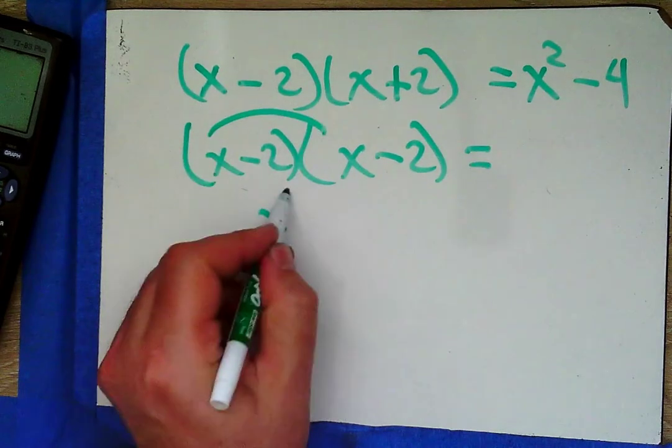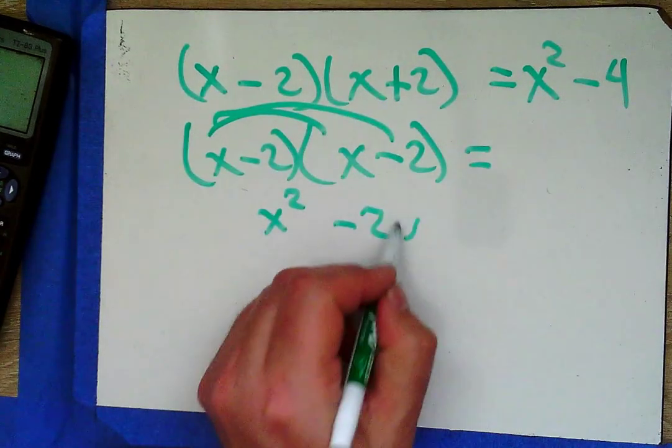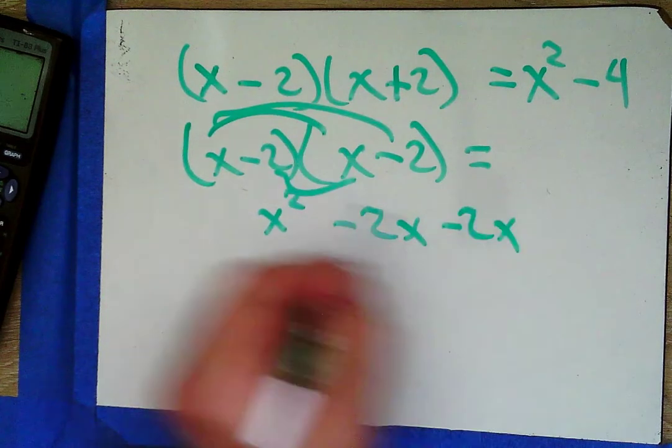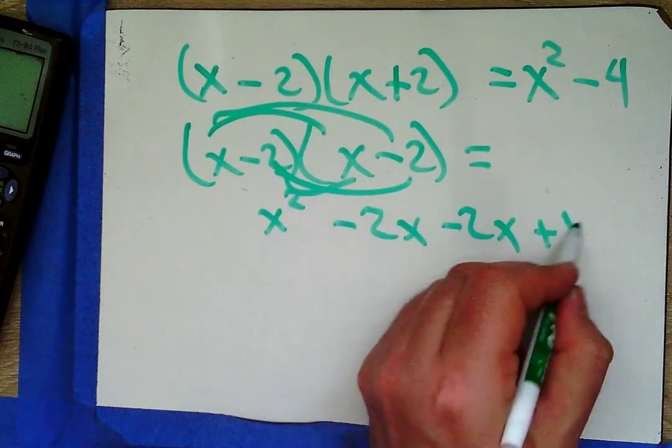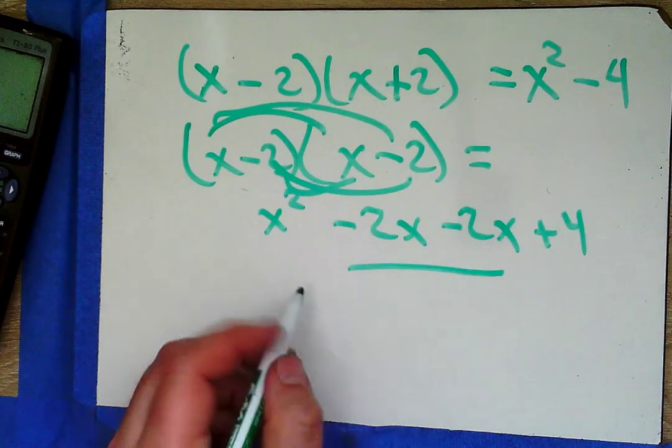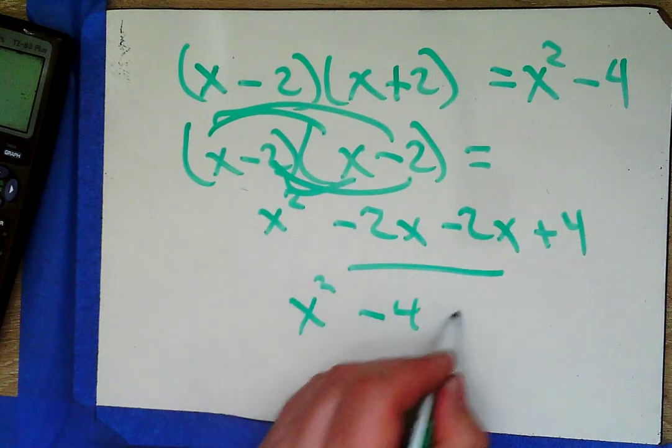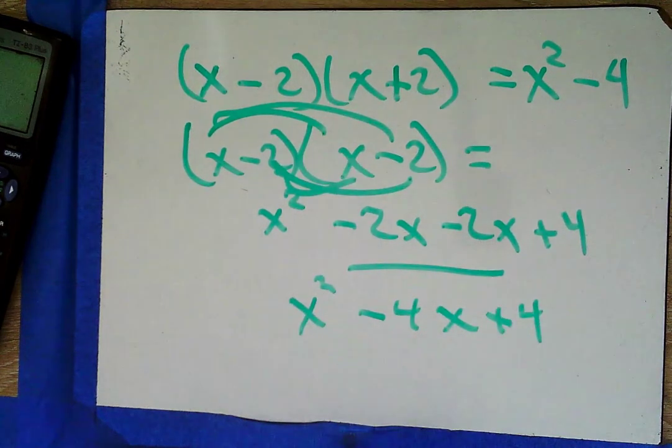When I FOIL, x squared minus 2x minus 2x plus 4. The middle terms do not cancel out. Instead, I have minus 4x plus 4. Okay? Don't be afraid to FOIL this stuff out. Don't rush through it and guess your answer. That's the biggest type of mistakes that people make here, sign mistakes in FOILing or in distributing.